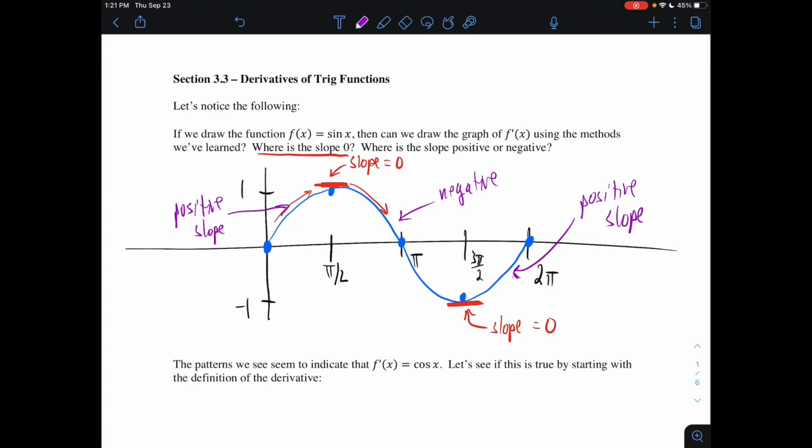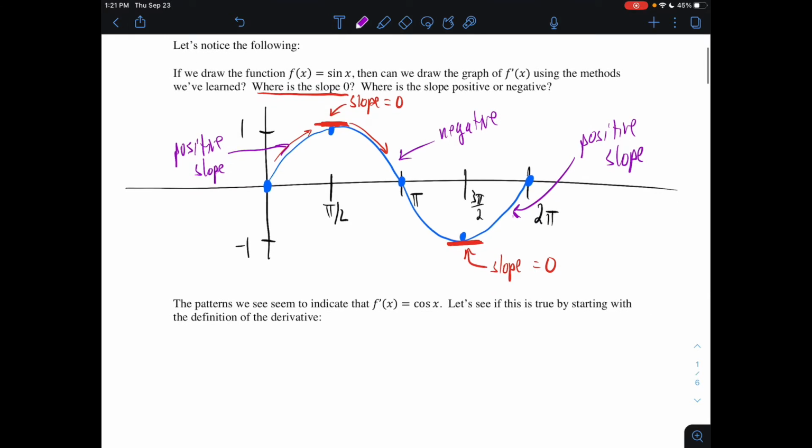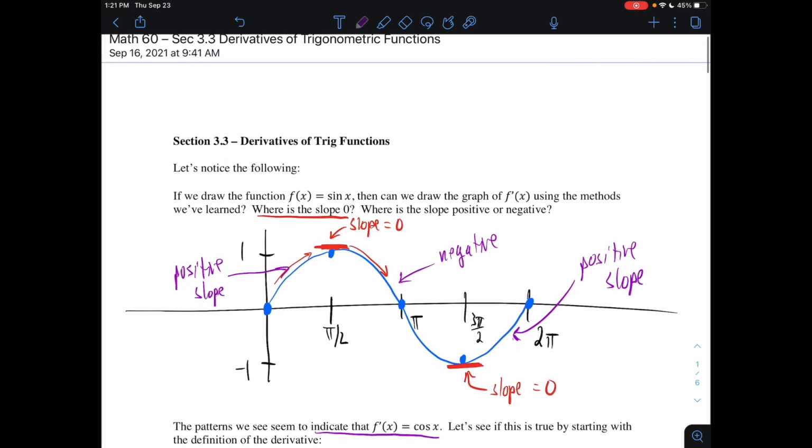When we think of just that concept, mixing it in with trigonometric function values, the patterns we see seem to indicate that f prime of x is equal to cosine of x. Because if I was to draw what we just described, we have values at pi over 2 and 3 pi over 2 where the function is 0.